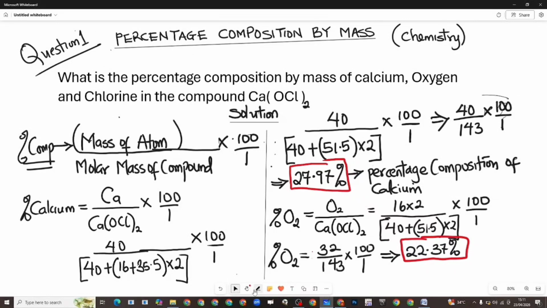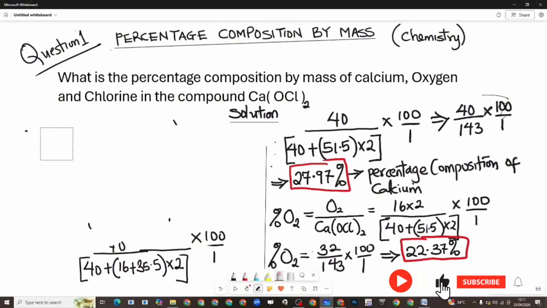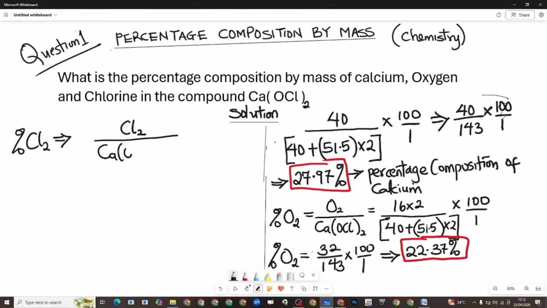Let's look at the one for chlorine. Chlorine, as we know, is a gas, so it exists as a molecule. That gives us Cl2 over the compound, which is Ca(OCl)2, times 100.